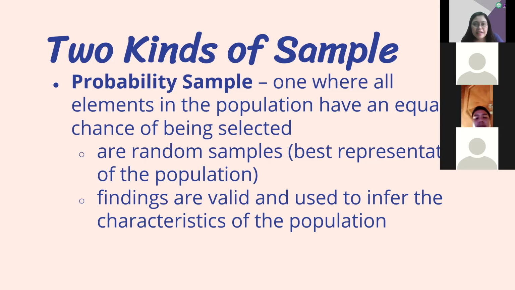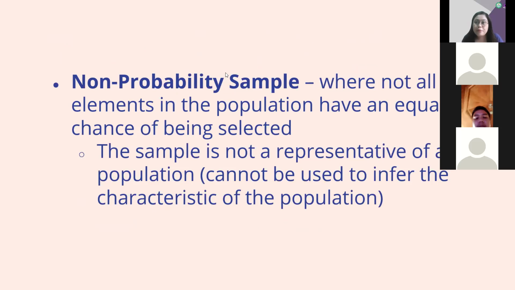If we do probability sampling, then our findings will be valid and we can also use the findings of our study to infer, to make an inference or to make a generalization for the characteristics of the population.